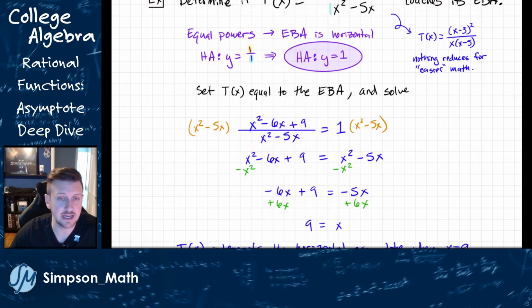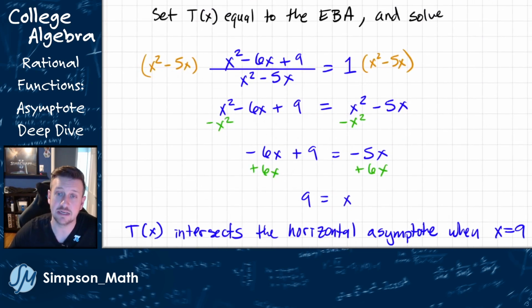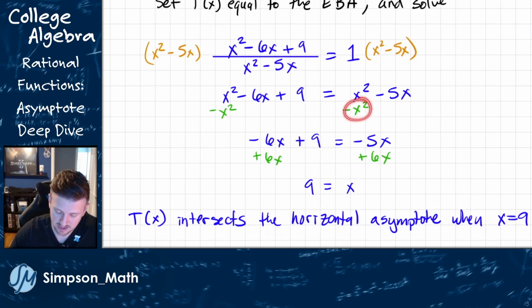This x squared minus 5x is in the way, so I'm going to multiply both sides by x squared minus 5x. My x squared minus 5x reduce, and now I have x squared minus 5x on the right-hand side because this was a 1, nothing grand there. Now I need to solve. Lucky me, I notice that when I subtract my x squared to get them together, they actually cancel to 0 on both sides.